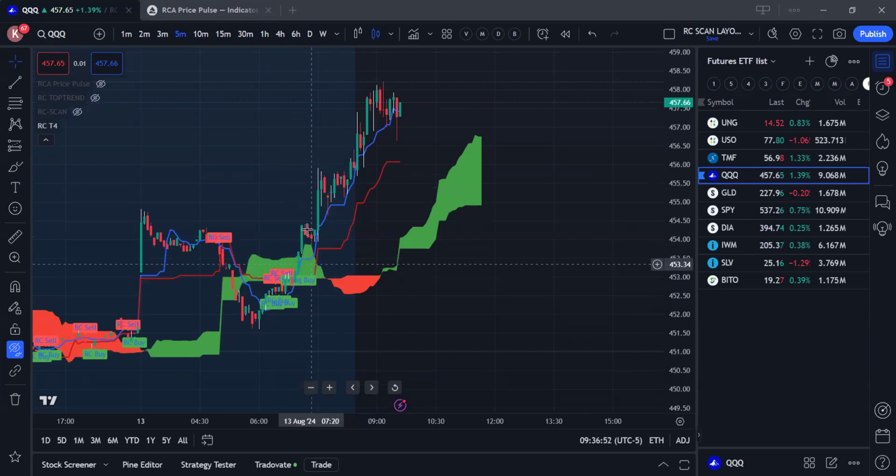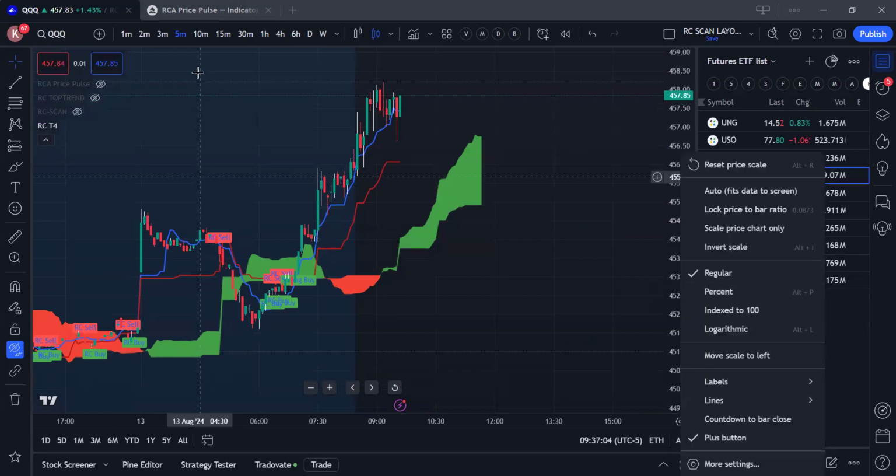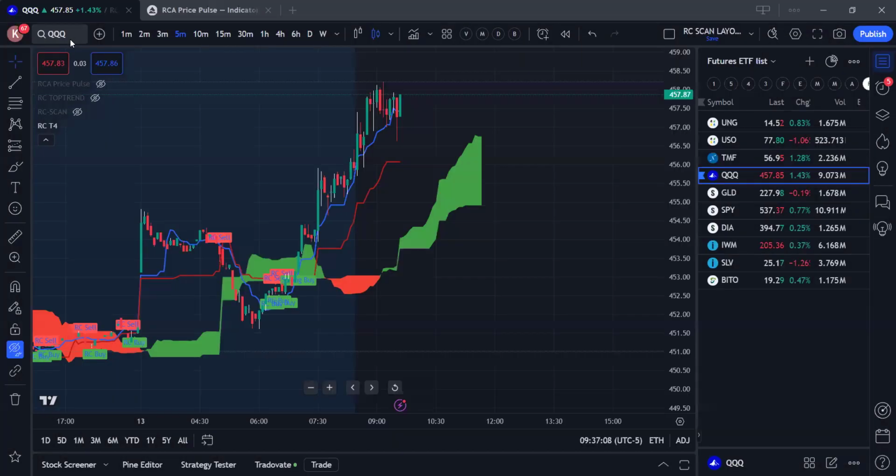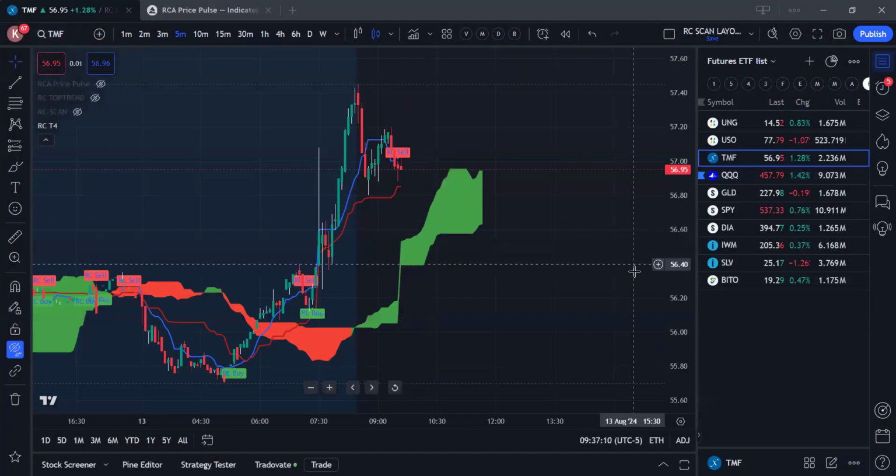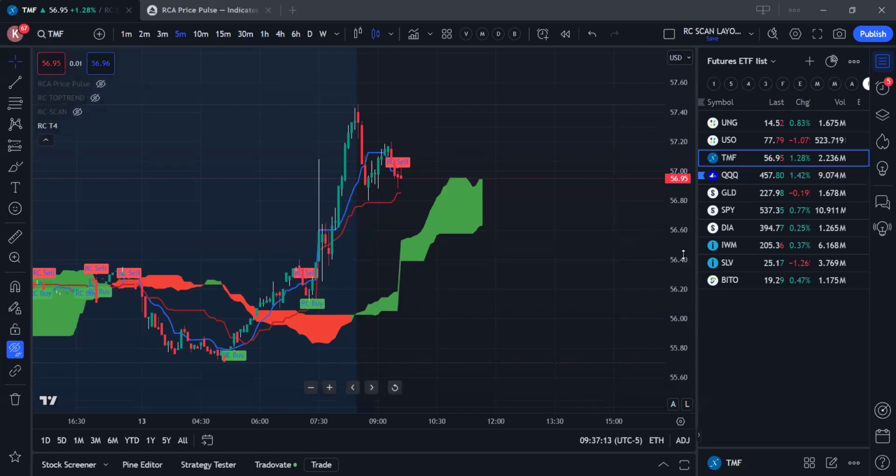When you see a strong buy on SPY and QQQ, you can also get in, because that means the trend is very strong and you got a buy signal. Overall, it is above the cloud.